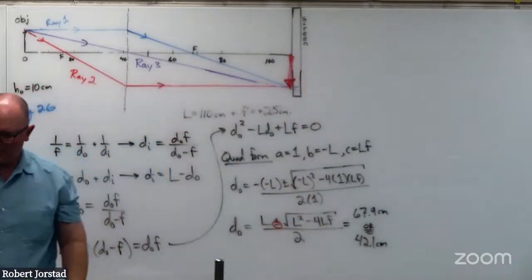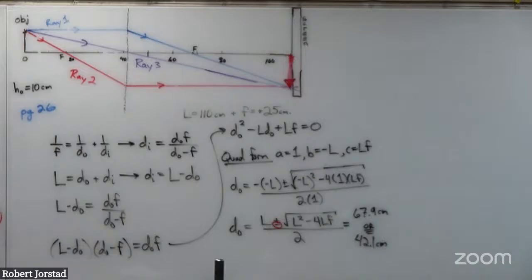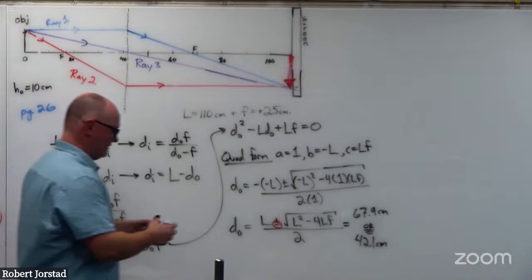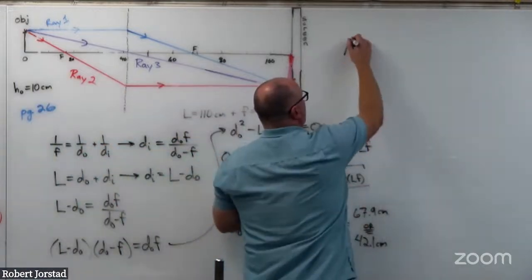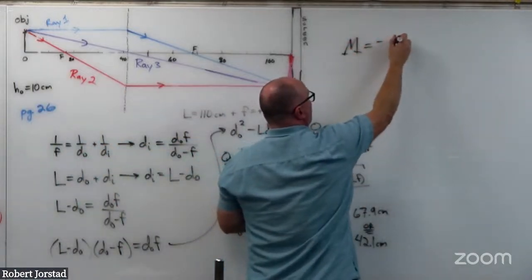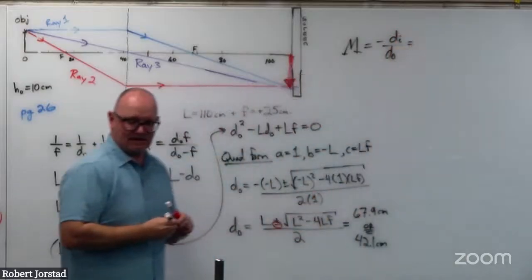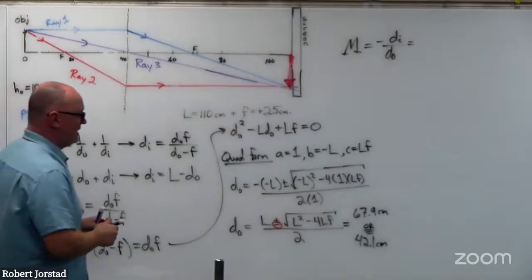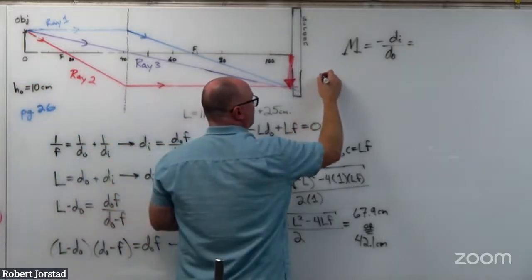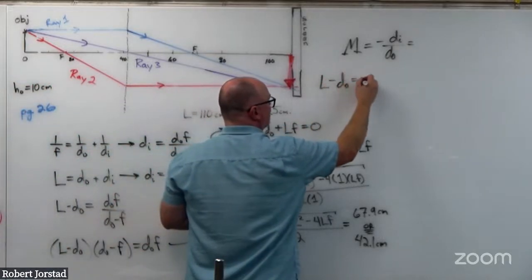All right, and we could actually calculate what the magnification should be, what the final image height should be. So let's do that. Magnification is equal to negative d_i over d_o. We know L minus d_o is equal to d_i.